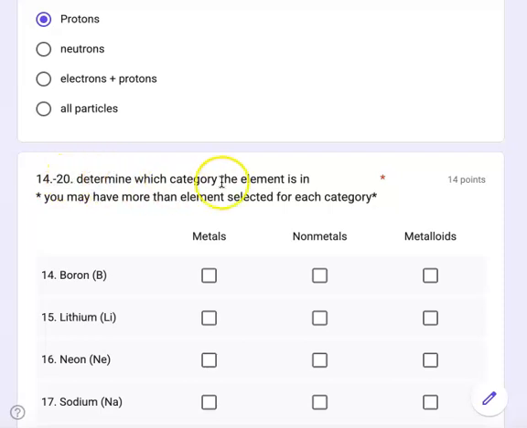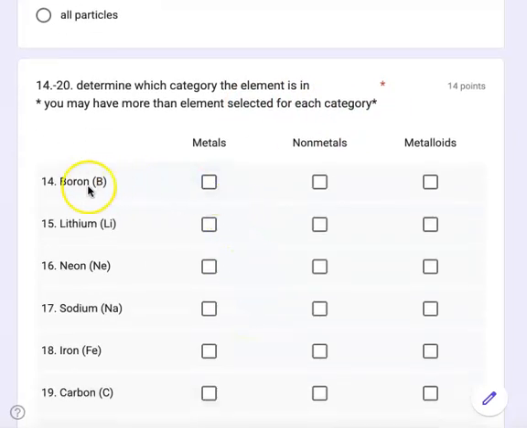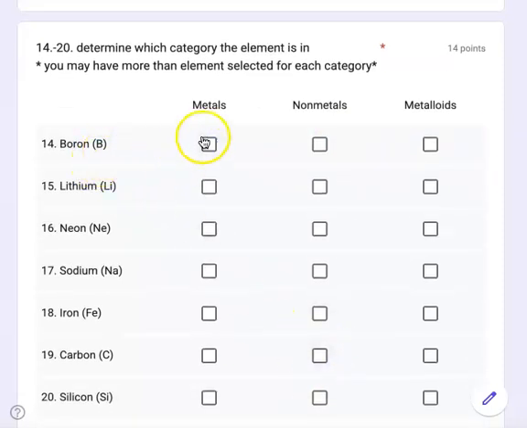14 through 20. Determine the category the element is in. You may have more than one element selected for each category. So for each row, you're just going to select one of them, okay? So boron, is boron a metal, a nonmetal, or a metalloid?